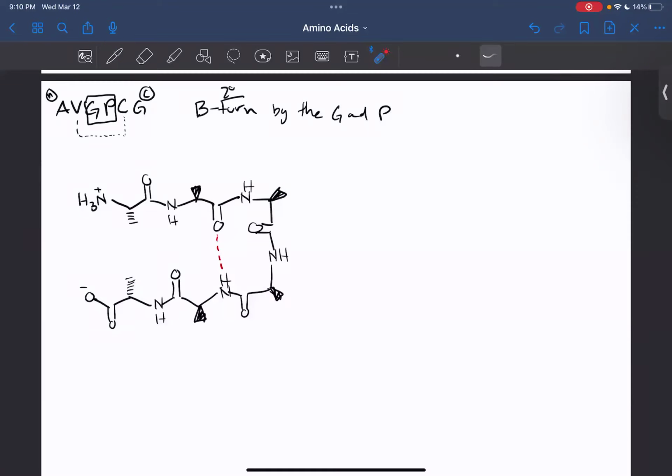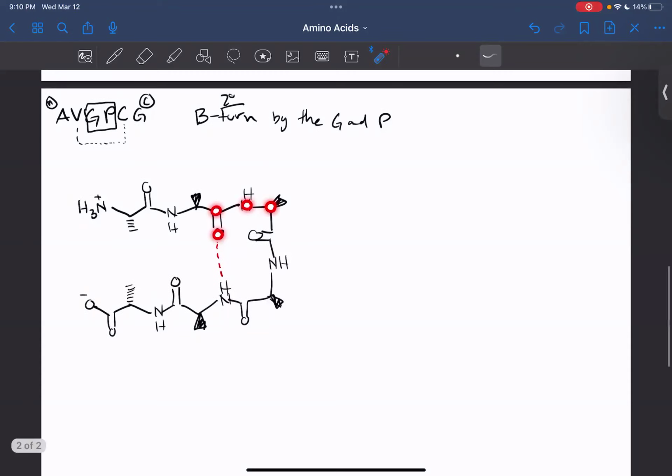So if you're watching this, I want you to count very specifically. 1, 2, 3, 4, 5, 6, 7, 8, 9, 10. The only hydrogen that we count is the one that is part of this hydrogen bond.